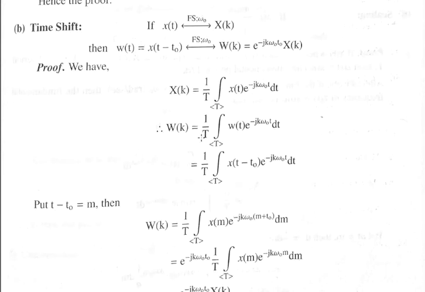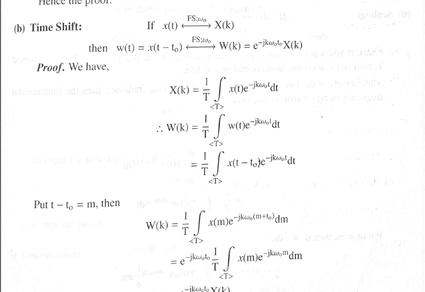Now, in this, substitute the value of w of t, which is x of t minus t naught. So when we substitute w of t as x of t minus t naught, our equation for w of k becomes this.